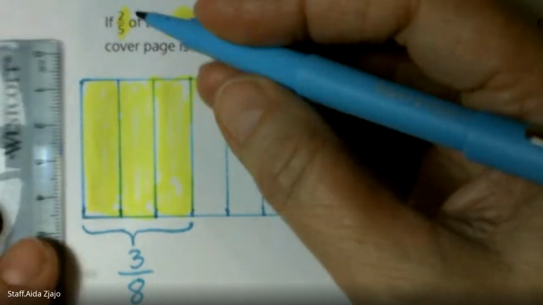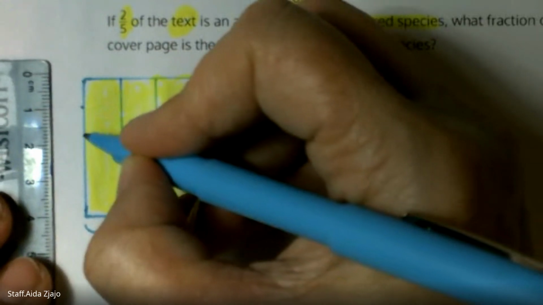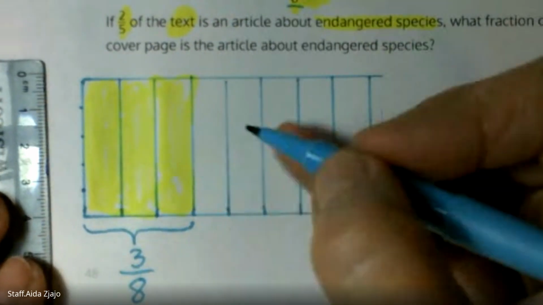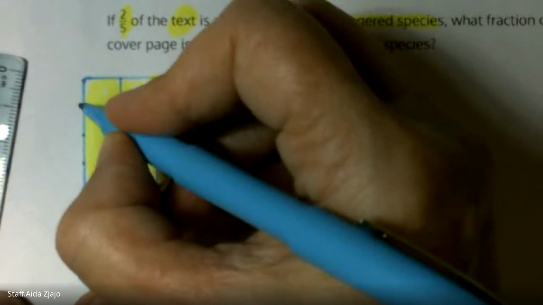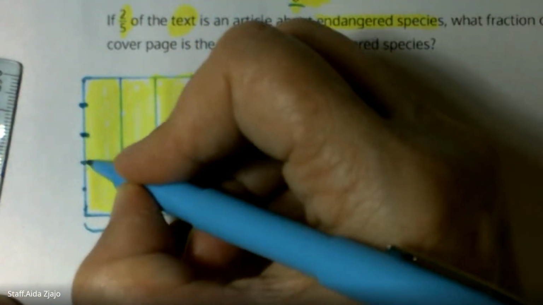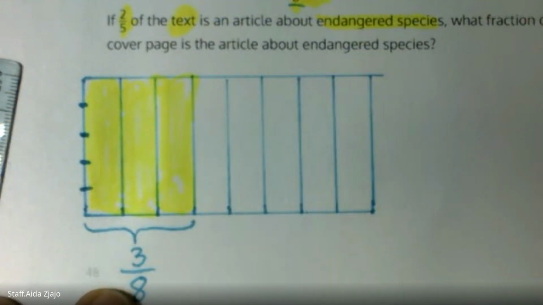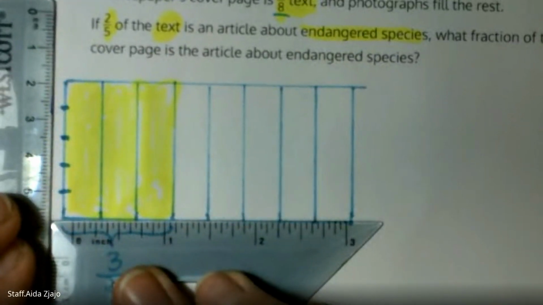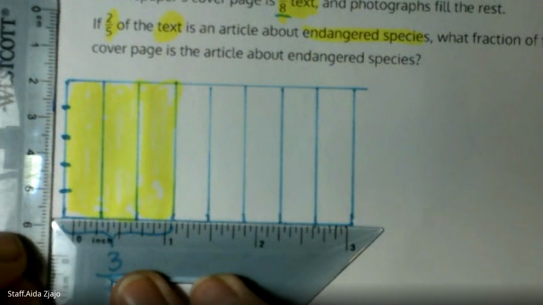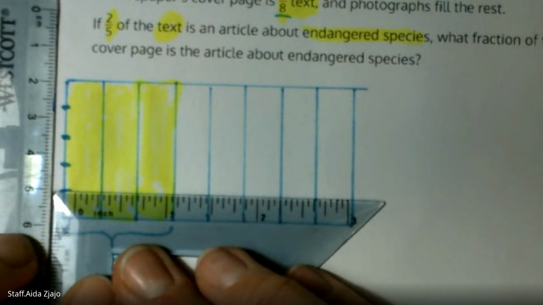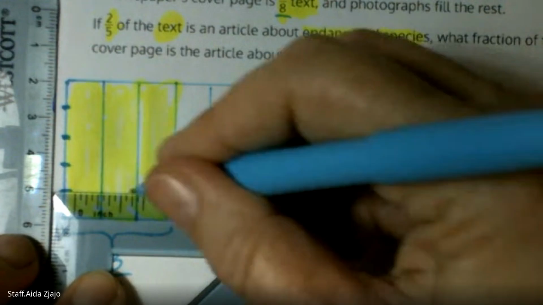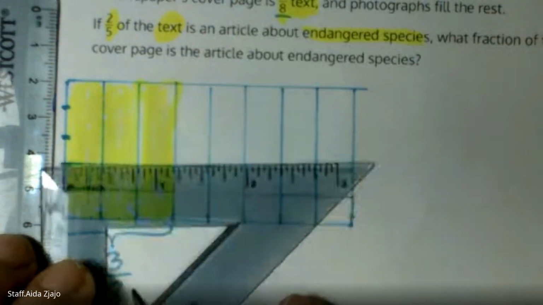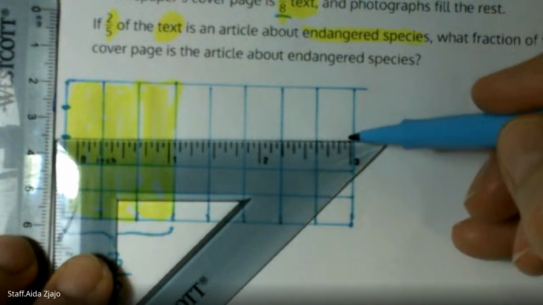If you need 5 spaces, you need 4 lines. So let's see, 1, 2, 3, 4. I'm going to do this horizontally now, and you can think about what is 5 times 8, or 8 fives. 8 fives is 40.